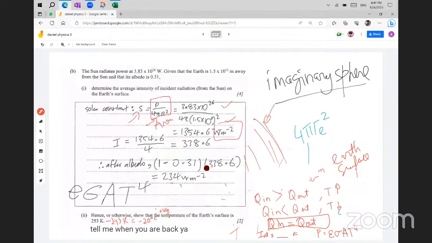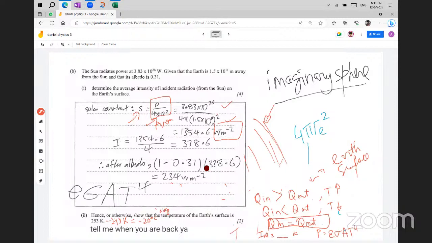E equals 1 for the sun. So what is E again? Because I don't think that's 1 for Earth. What is E? It's the sun constant. Wait, no, it's not. Come on, what is E?